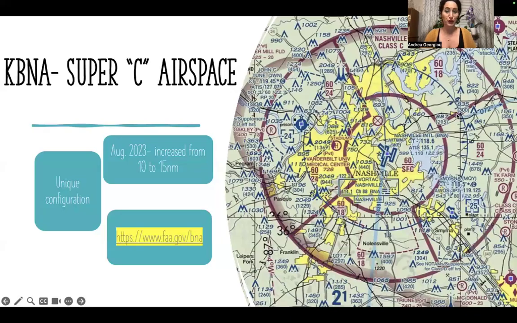So Nashville, Super Charlie Airspace. They're really busy. That's basically what they were saying. So they extended it out a little more, went into John Tune, and you can see Smyrna right here as well. But they've always covered that. But they extended it out a little bit more and they raised it up.